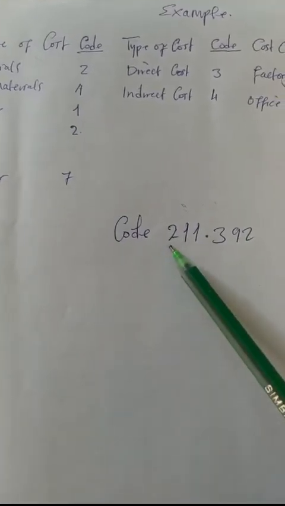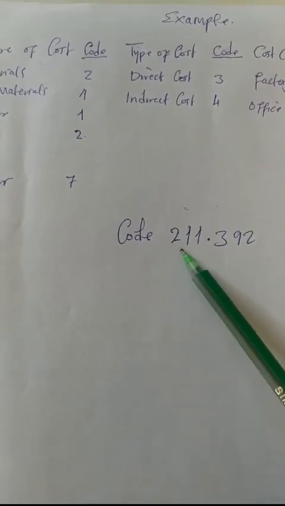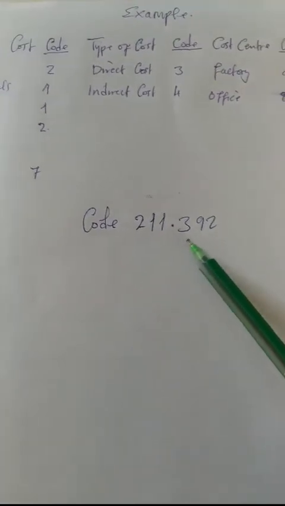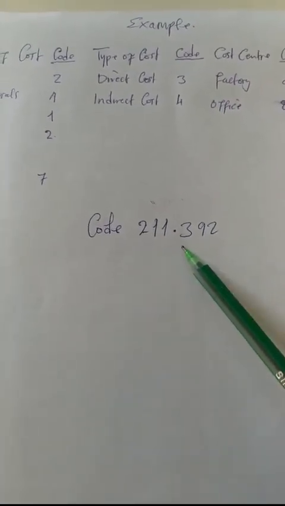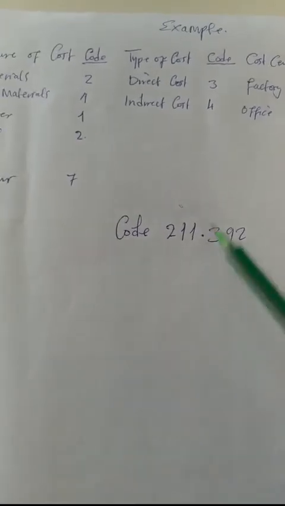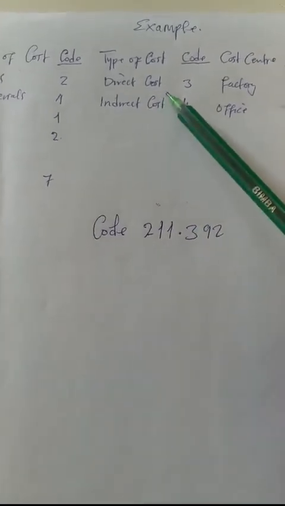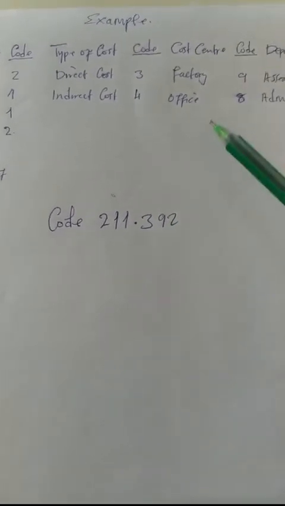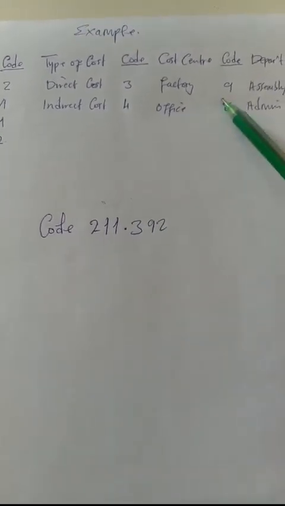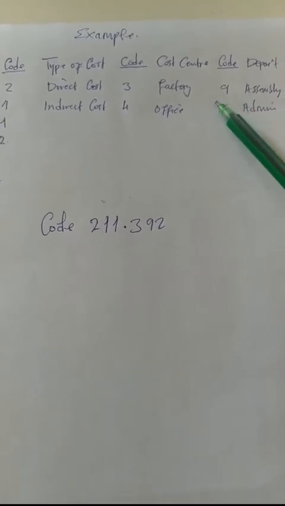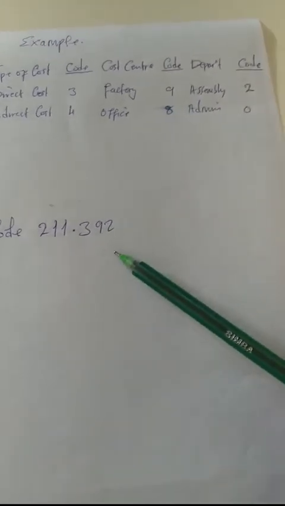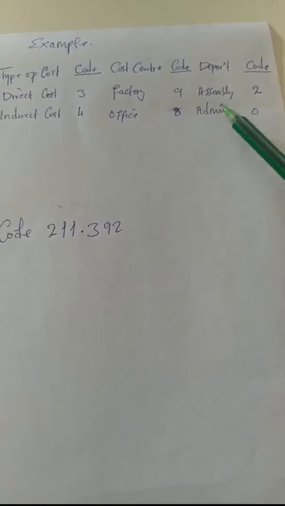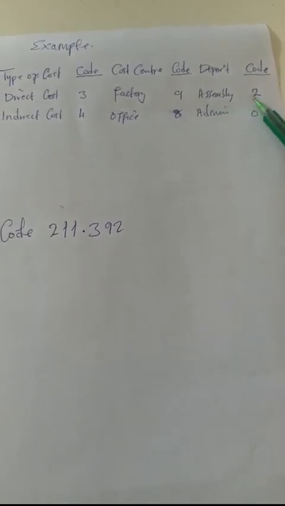So the first part describes the nature of the cost and then the type. Then three is a direct cost, so this was spent on the direct cost, and then it went to the cost center factory 9. And the 2 is the department, which is the assembly department.